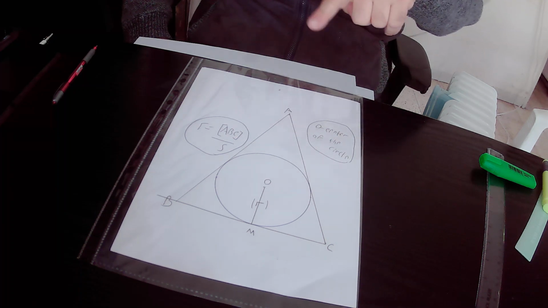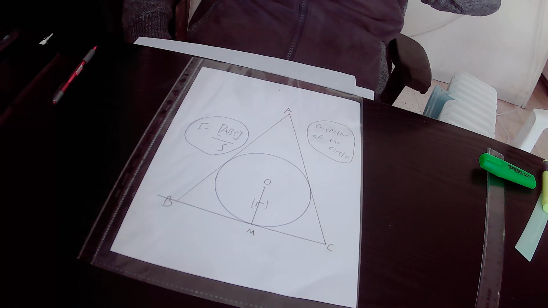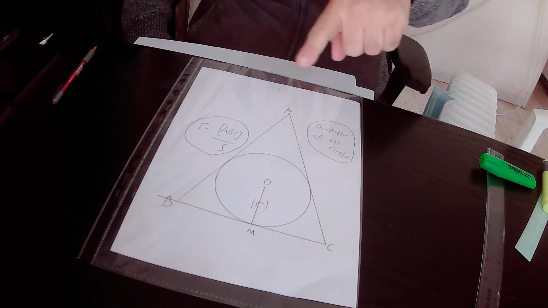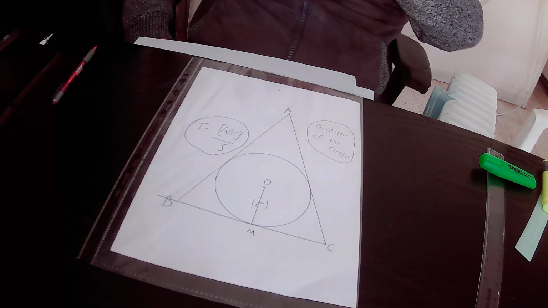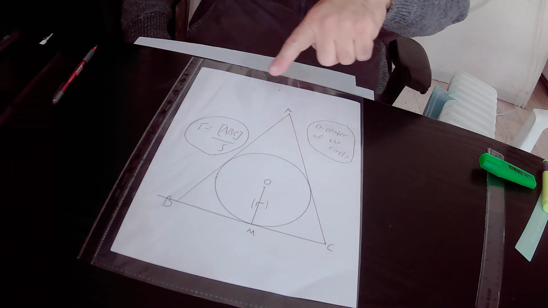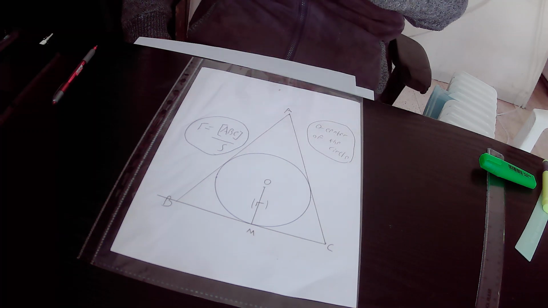The perimeter is AB plus BC plus AC, that is the sum of its side lengths. If we divide the perimeter by 2, we get the semi-perimeter. So the radius R equals the area of triangle ABC over the semi-perimeter of the same triangle.